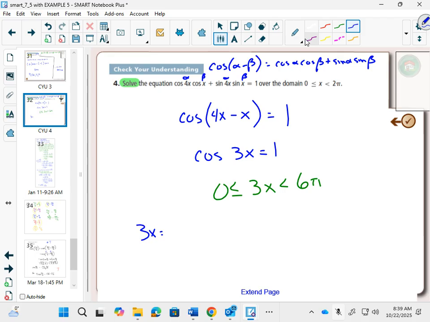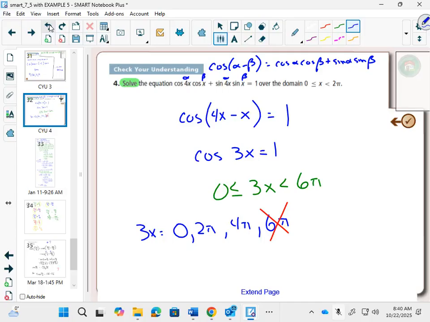3x would equal, well, is cos ever equal to 1 on your unit circle? Yes. At 0 and at 2 pi, that's once around. How many times are we going around? 3 times around. So second time around you'd have 4 pi. Third time around you'd have 6 pi. But there's no equal sign here, so we don't include the 6 pi.